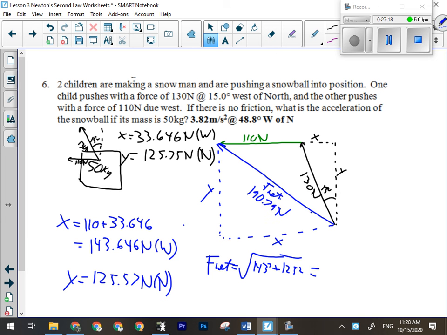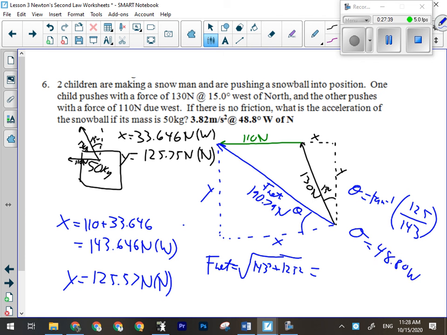Now I need to get a direction on that. So theta will be tan to the minus 1 of the opposite side, 125, over the adjacent side, 143. And that'll come out to 48.8 degrees.